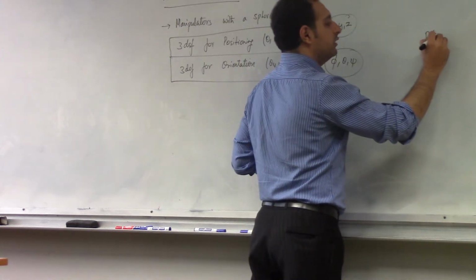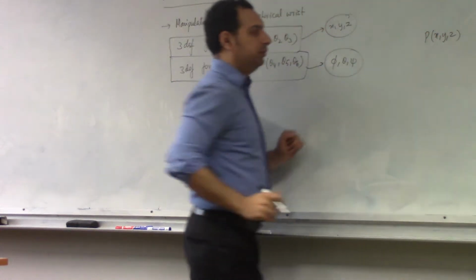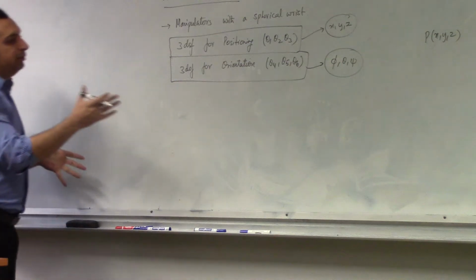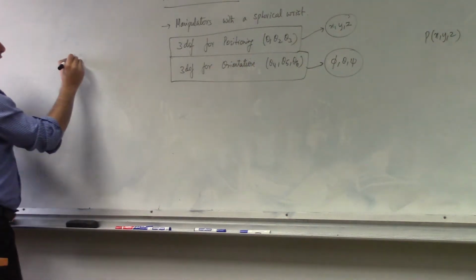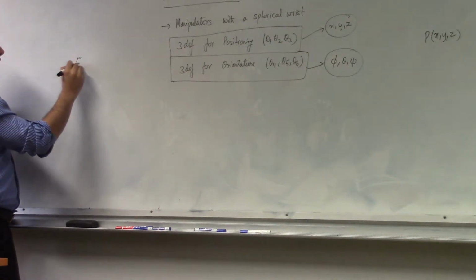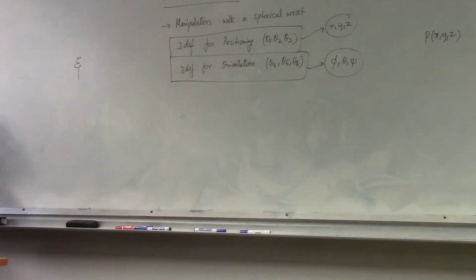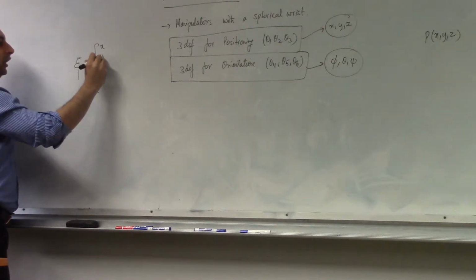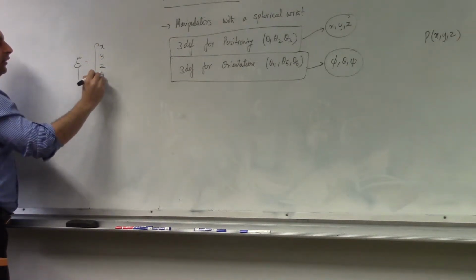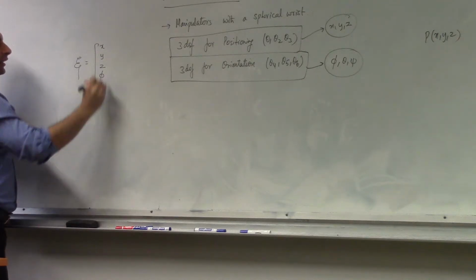Okay? So when you look at the end effector coordinates, in the last part we were talking about P, X, Y, Z because this defines the position of the end effector. But now, because you have to find out 6 values, we say the end effector pose is defined by eta. Eta is given by X, Y, Z, phi, theta, and psi.